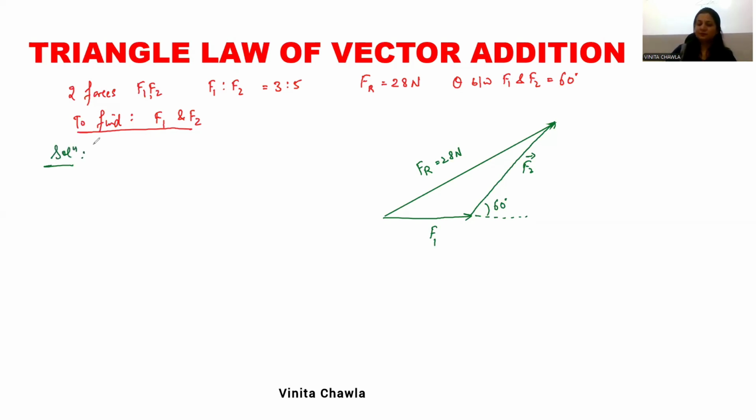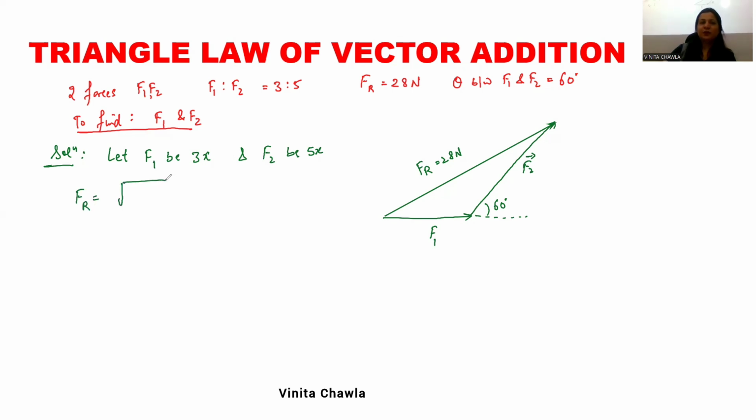The ratios are given, so how will we do it? Let the magnitude of F1 be 3x, because the ratio is 3:5, and F2 be 5x. How do we write the resultant vector?